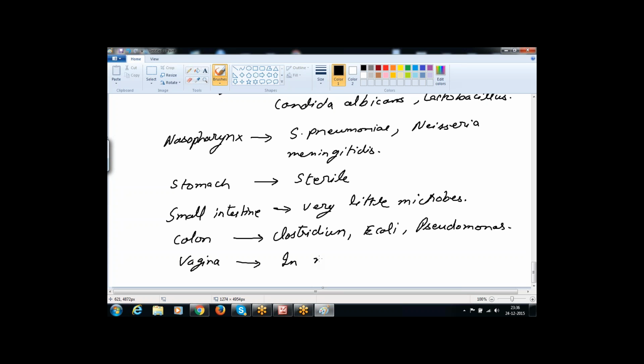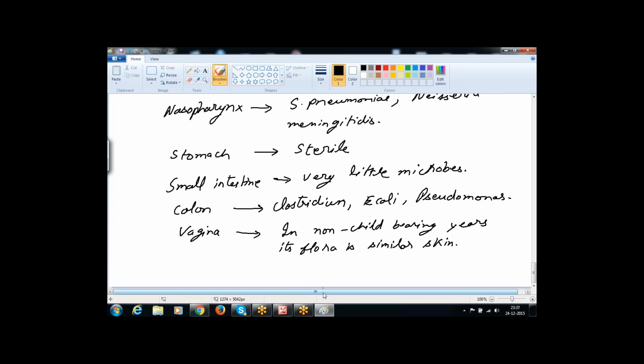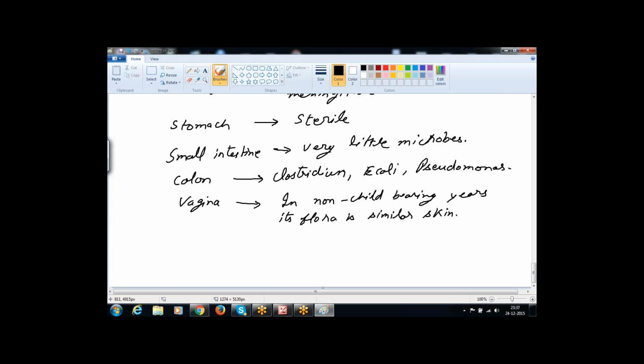in non-childbearing years, its flora is similar to skin. So whatever we've done in skin. What are non-childbearing years? Before puberty and after menopause, when the female is not capable of producing a child.